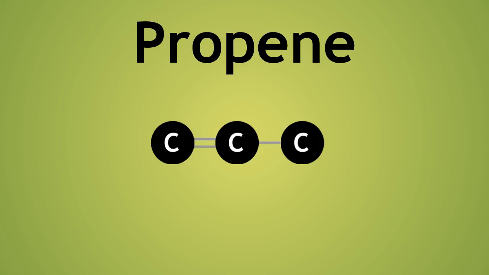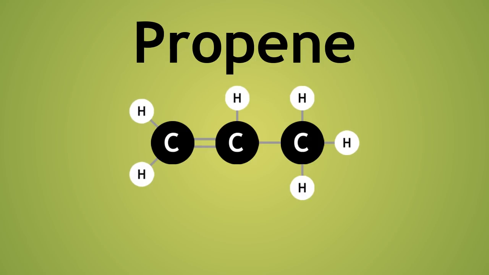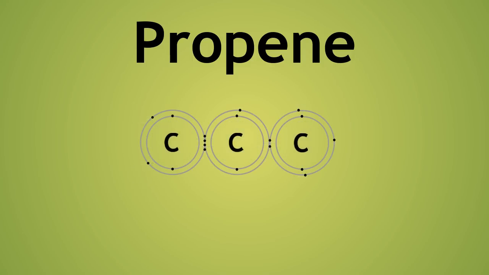We now need to fill the molecule with hydrogen atoms to ensure that each carbon has a total of 4 bonds. 2 hydrogen atoms are required at this end of the molecule. This middle carbon already has 3 bonds and so requires just 1 hydrogen, and this end carbon has only 1 bond and therefore needs 3 more hydrogens.